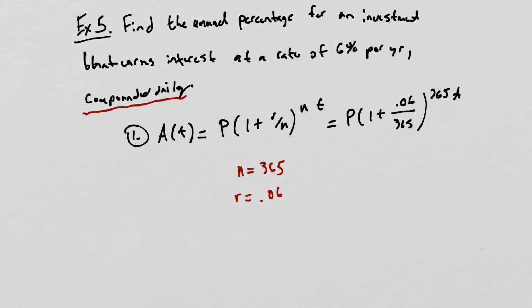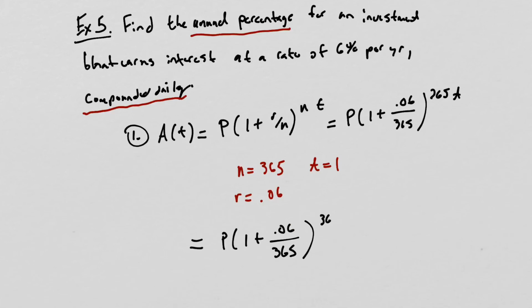What we're looking for is this annual percentage. So our time period, t, is only going to be 1 year. T in this case is equal to 1. Our equation is then going to be equal to P times 1 plus 0.06 divided by 365 raised to the 365.